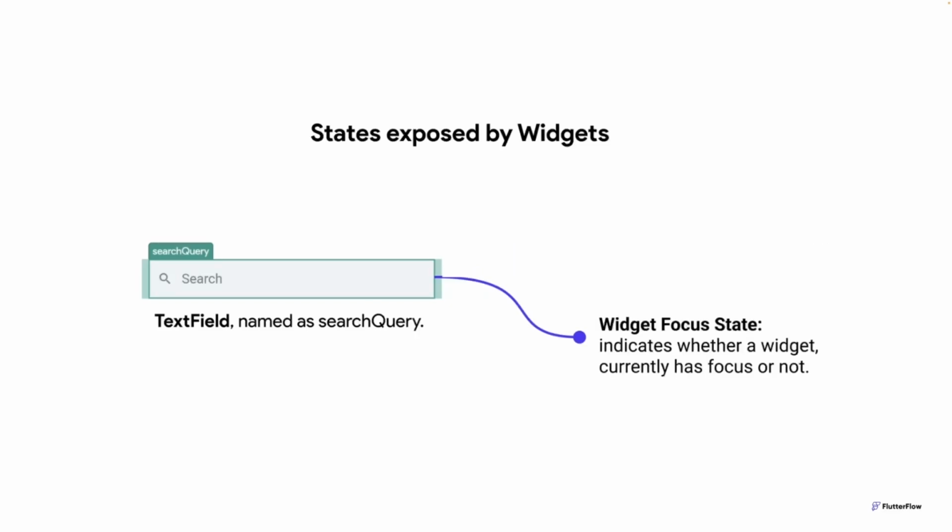Additionally, widget focus state indicates whether a widget like a text field currently has focus, which means it's ready to receive user input. To indicate this, it often displays a visual clue, such as a blinking cursor in a text field.